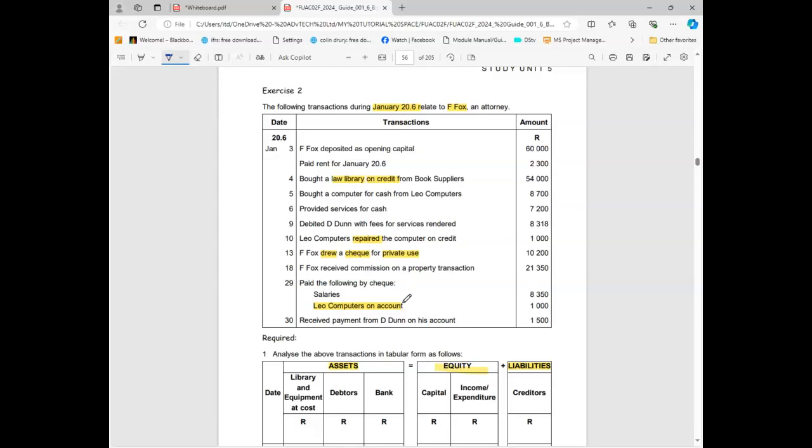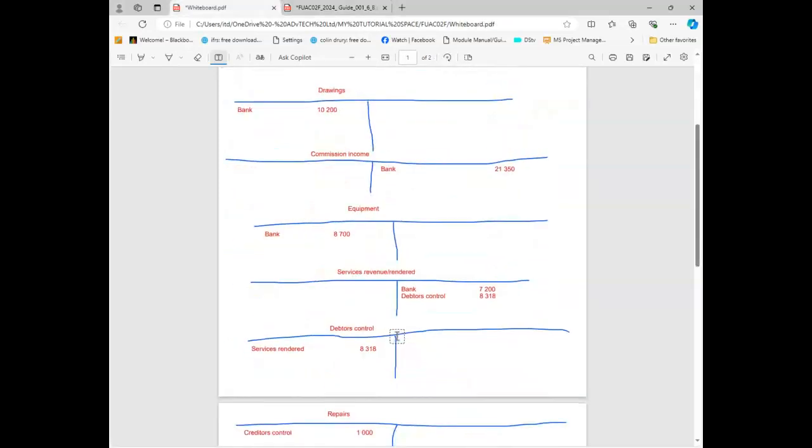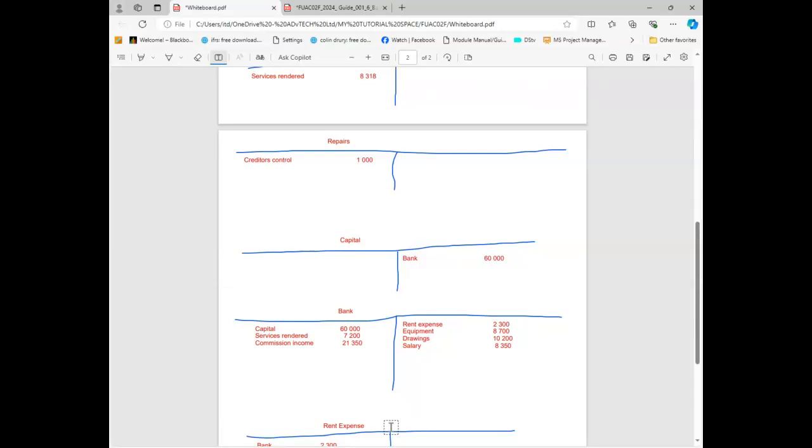I don't know if it makes sense. So it means creditors control. Yes, we owe them. We've got bank already. Let's start with the bank so that you can have an idea. Credit bank, sir. Yes, say creditors control.